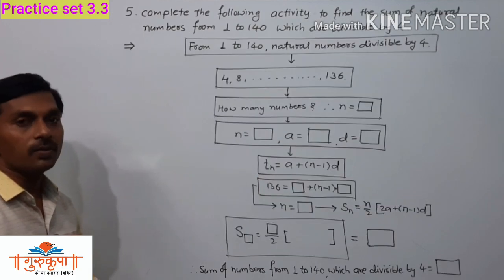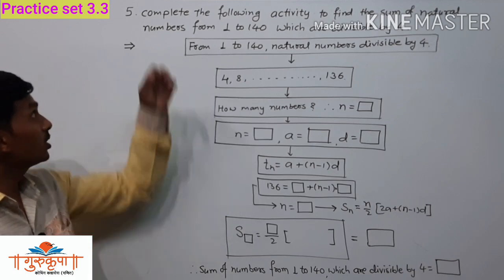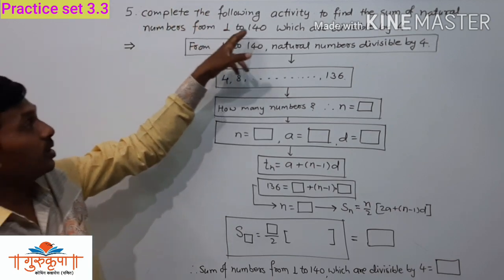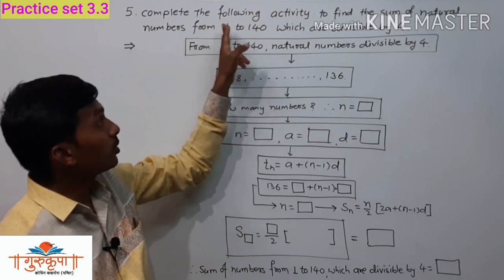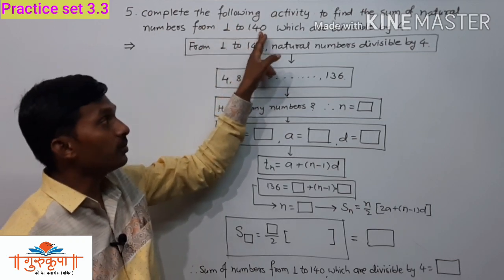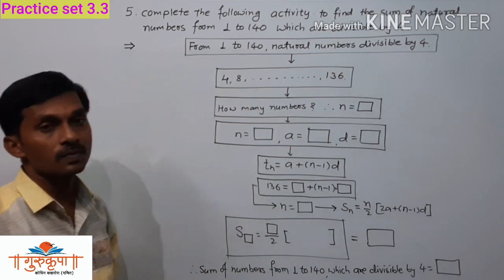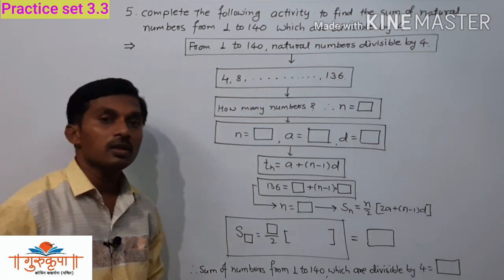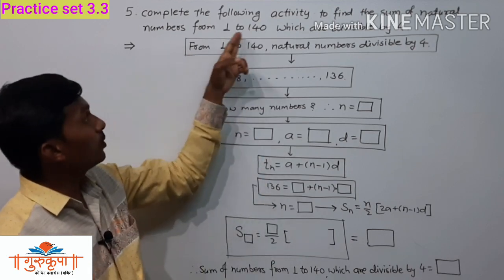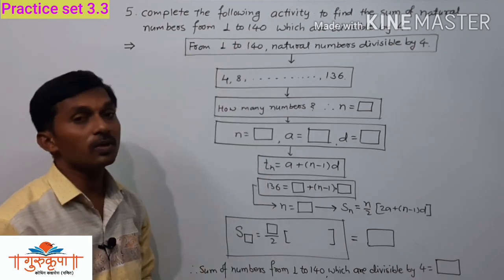Example number 5, which is an activity from practice set 3.3. The question is, complete the following activity to find the sum of natural numbers from 1 to 140 which are divisible by 4. We have to find the sum of the numbers from 1 to 140 which are divisible by 4.